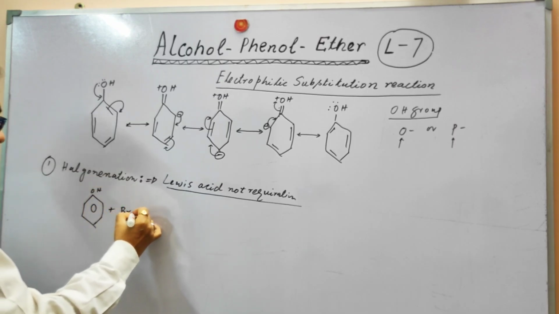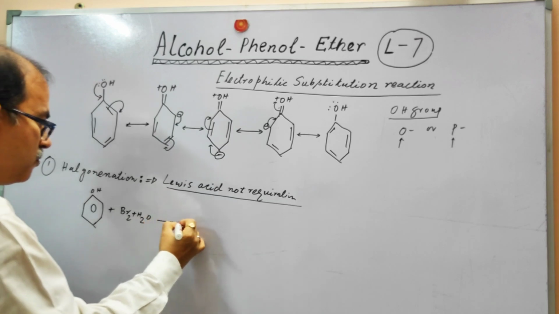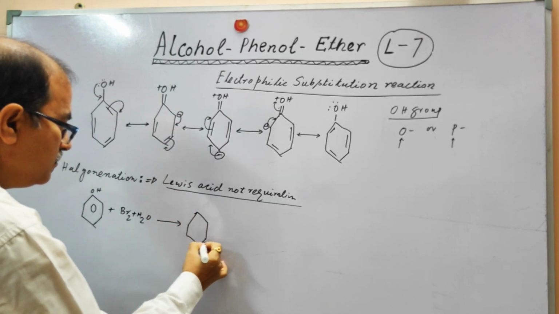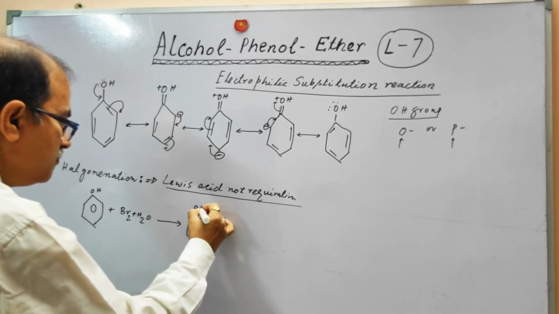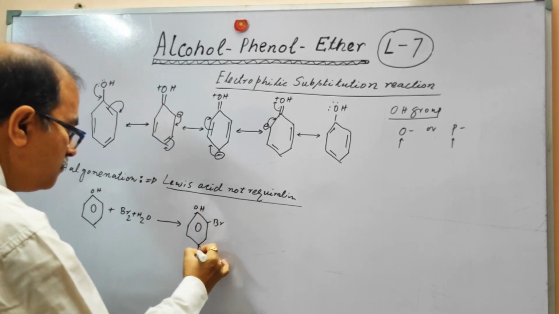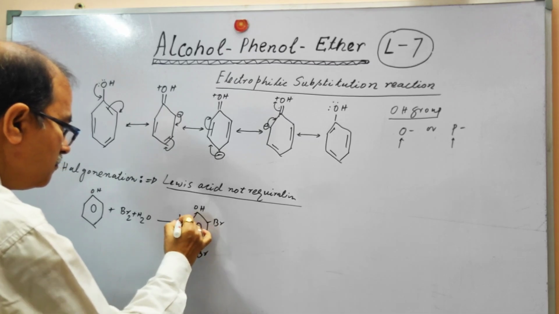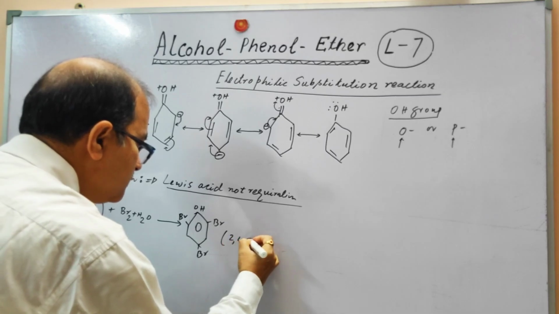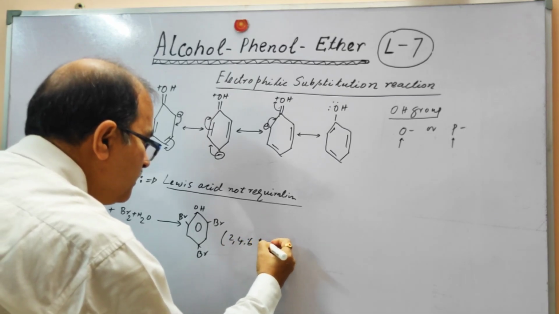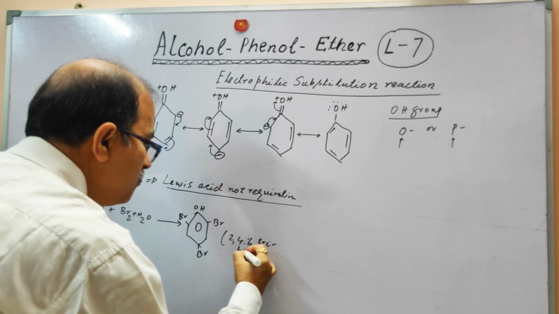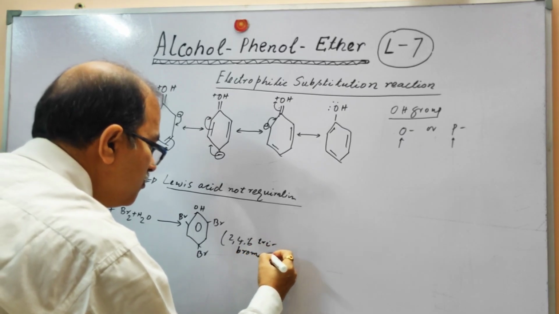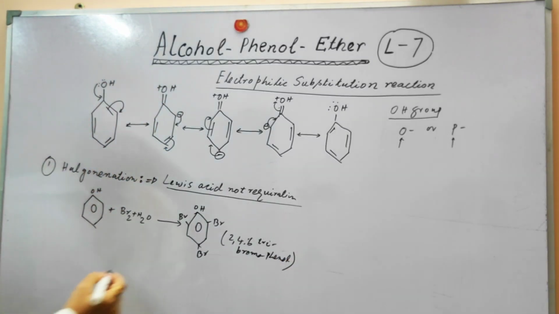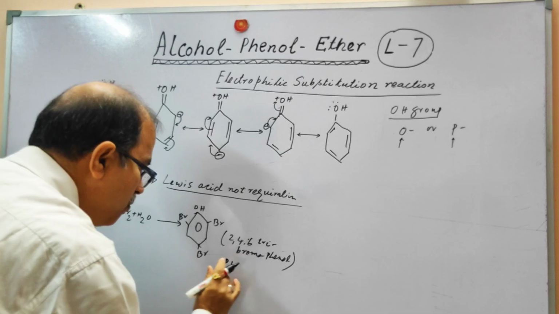With bromine water it produces 2,4,6-tribromophenol, and it forms a white precipitate.